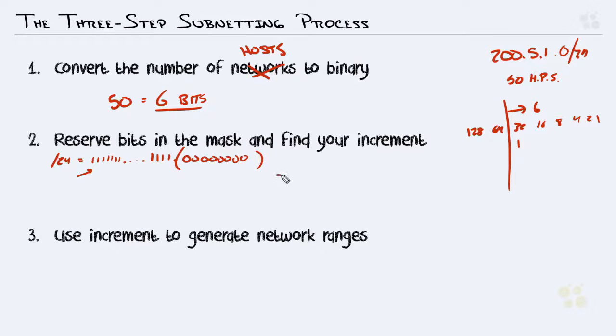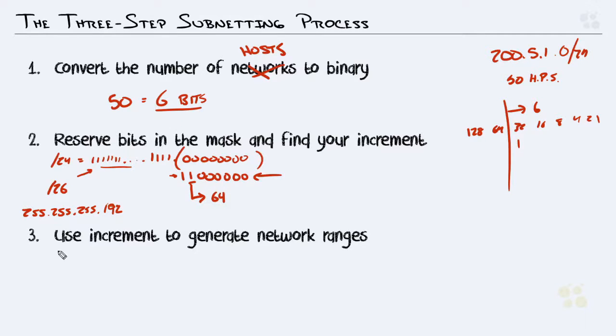I'm saving the hosts, that's right to left. 1 I've saved, 2, 3, 4, 5, 6. The other 2 I could not save. They flipped over to the network side. So our new subnet mask goes to a /26 because we had our 24 and added 2 more. Or in decimal, it's 255.255.255.192.